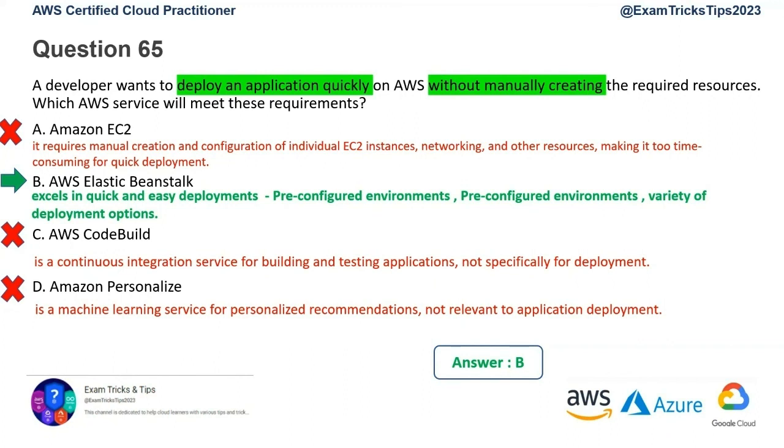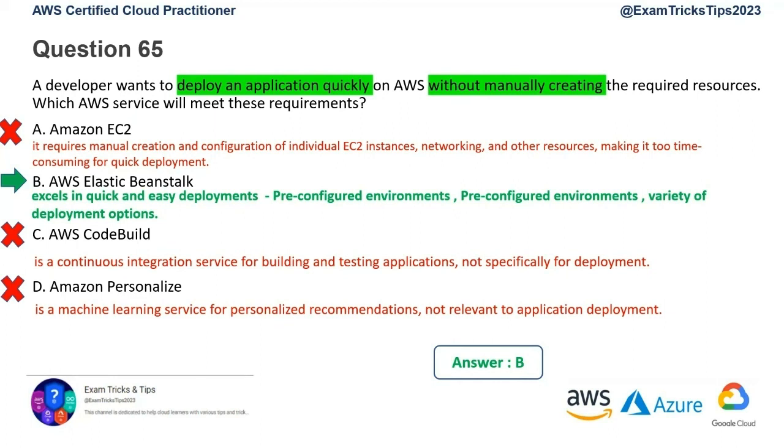In terms of deployment options, it supports deployment from Git repositories, Amazon S3 buckets, or zip files. Beanstalk streamlines deployment processes, making it a perfect choice for the developer aiming for a quick and hassle-free deployment without any manual resource creation. Option B, Elastic Beanstalk, is the most suitable option for the developer's requirement here: deploy my application quickly without creating any manual resources.